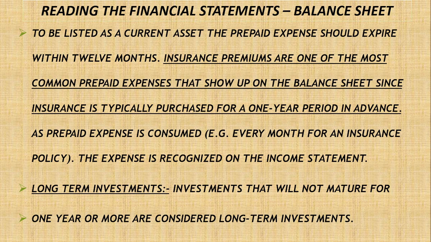Insurance premiums are one of the most common prepaid expenses that show up on the balance sheet, since insurance is typically purchased for a 1-year period in advance. As prepaid expense is consumed, for example, every month for an insurance policy, the expense is recognized on the income statement.